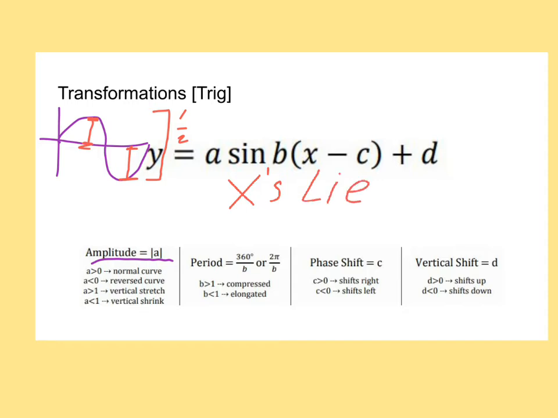Or if you want to think about it in terms of more mature manners, those of you who might have x's yourselves, the x's lie. Personally, I think the second one's a little funnier. More students remember it the second way, but x's lie either way. Whatever the B value is, wherever the C value is, we're going to do the opposite when it comes time for our graph. Vertical shift is still a vertical shift. No new fancy name there.